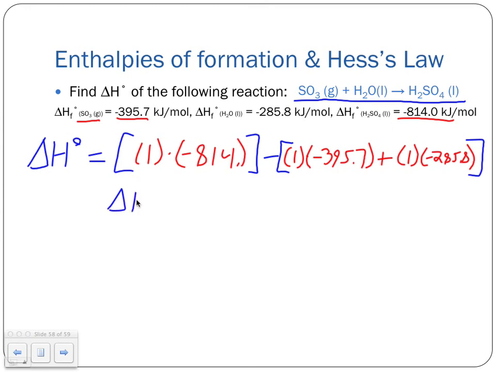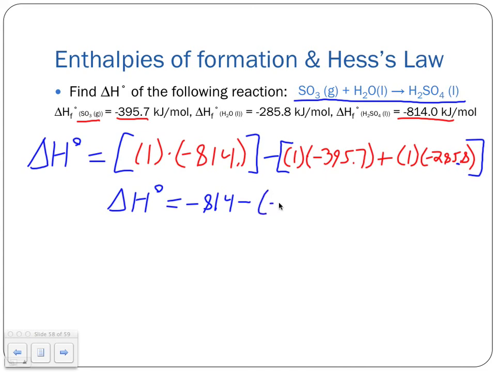And so whenever we do this, our standard enthalpy change is going to be just, well, negative 814 for our first one, right? And then minus, right here, we add these up. 1 times negative 395.7 plus 1 times negative 285.8. In doing that, I end up getting negative 681.5.